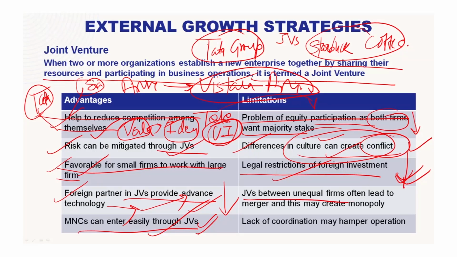Joint ventures between unequal firms lead to merger, and this may create a monopoly. Like the smaller firm, in anticipation of future growth, can form a joint venture. But ultimately what happens is, over a period of time, the bigger company overtakes the smaller company.